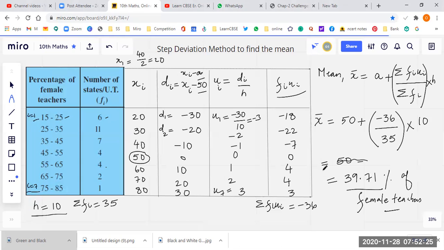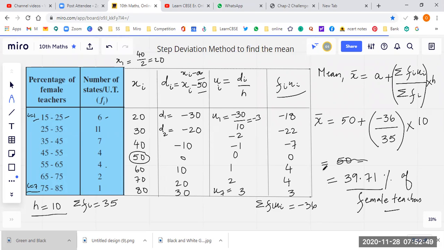Possibly this is a country. So these are so many union territories of a country. So for the whole country, the average is 39.71 percentage of female teachers. That is less than 50. Okay. So this is how students will be doing the sums by the step deviation method.